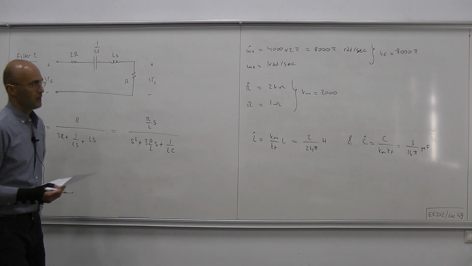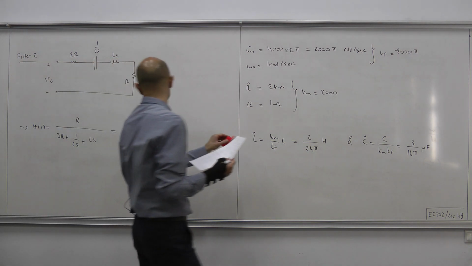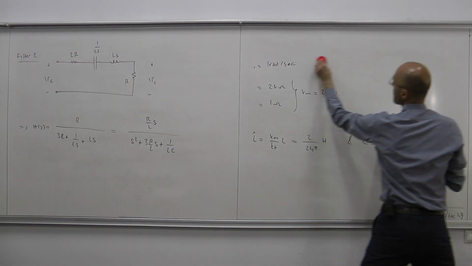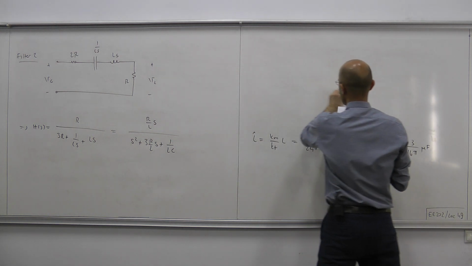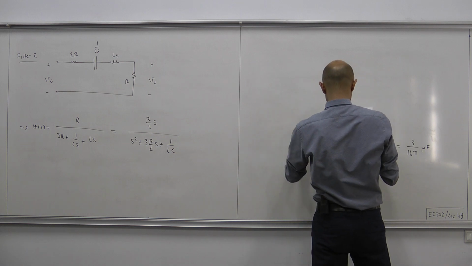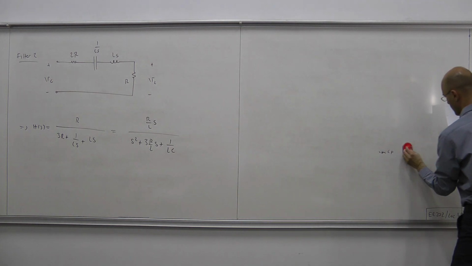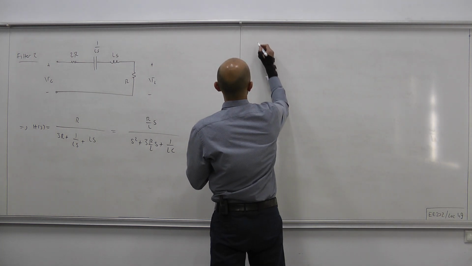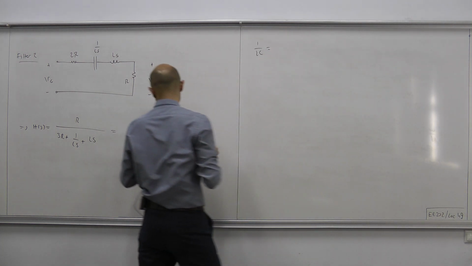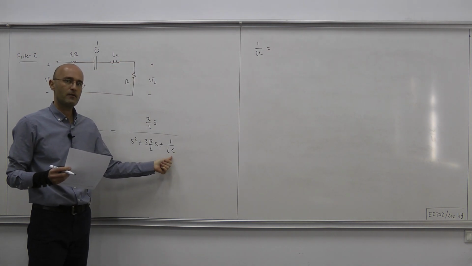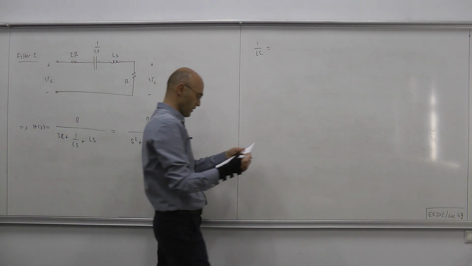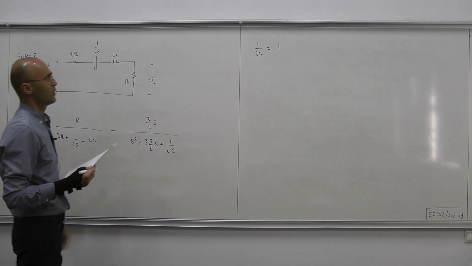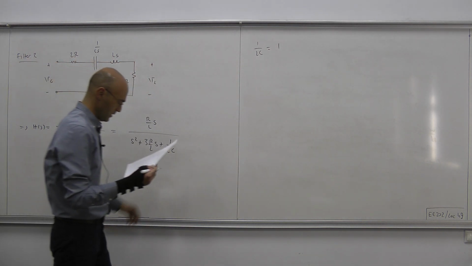This time the equations are as follows. 1 over LC again is omega 0 squared, and omega 0 was initially wanted to be 1 radian per second, so 1 over LC equals 1 squared, which is 1.